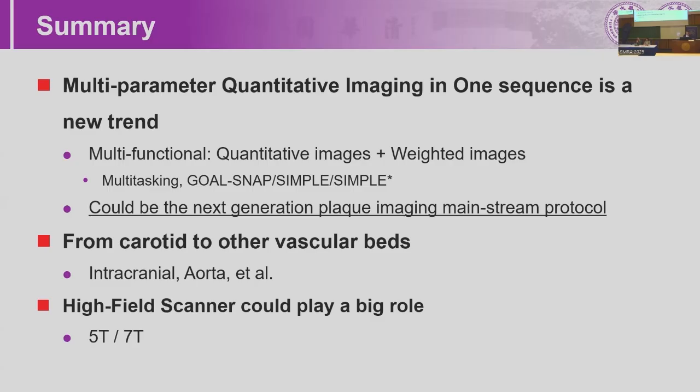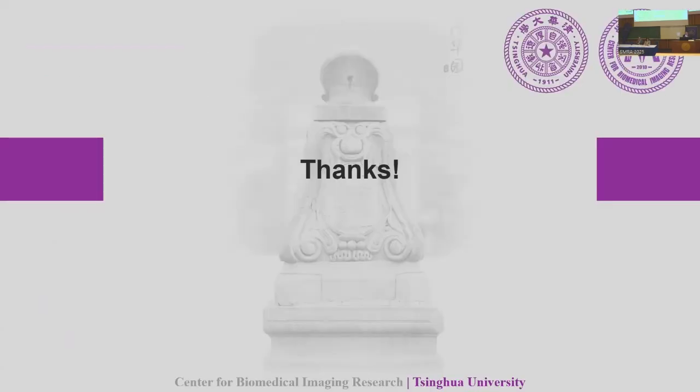These techniques from our group could be the next generation plaque imaging protocol. Also, vessel wall imaging has developed from carotid to other vascular beds, especially intracranial arteries, and in intracranial arteries, higher field scanners could play a big role in the future. Thanks for your attention.